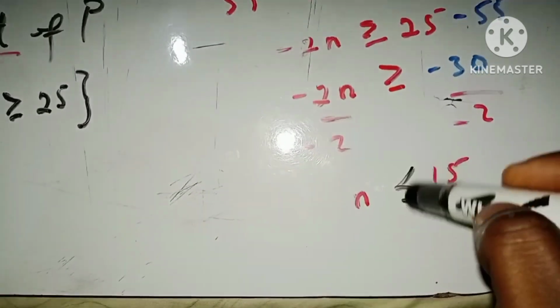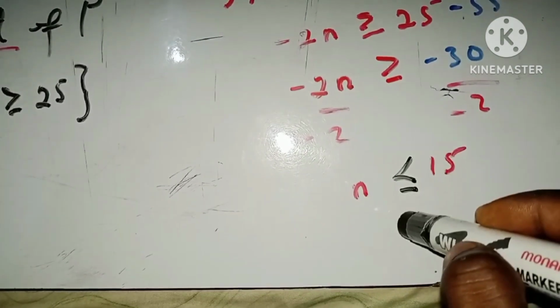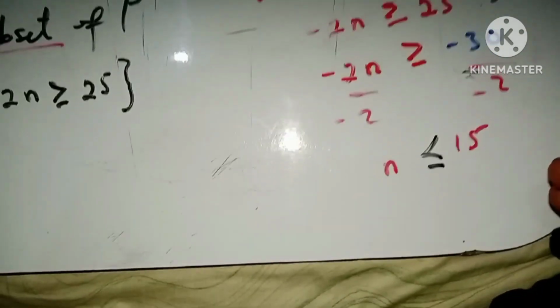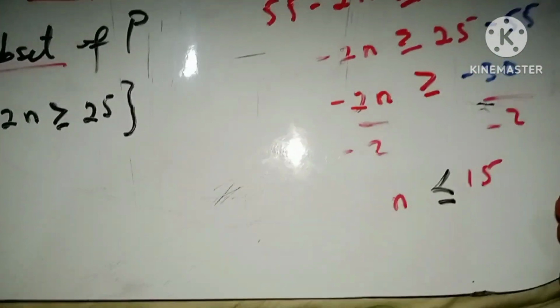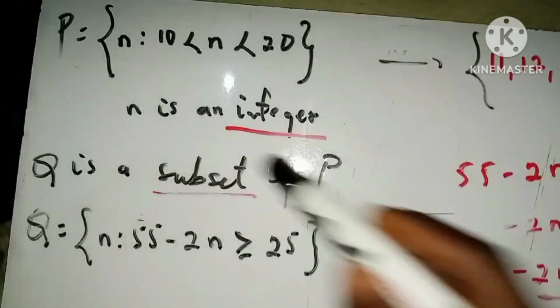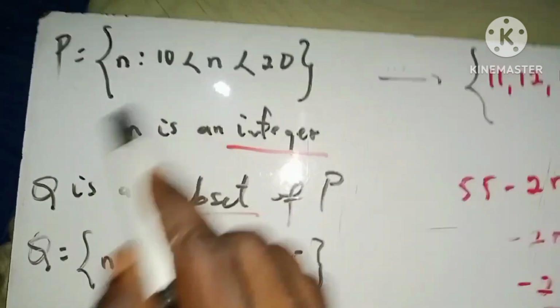So we had our n to 15, right? So n is less than or equal to 15. Fine. If n is less than or equal to 15, what are we going to do here? But remember, we are told that q is a subset of p, right? So it means that anything inside this can be found, as I already said.